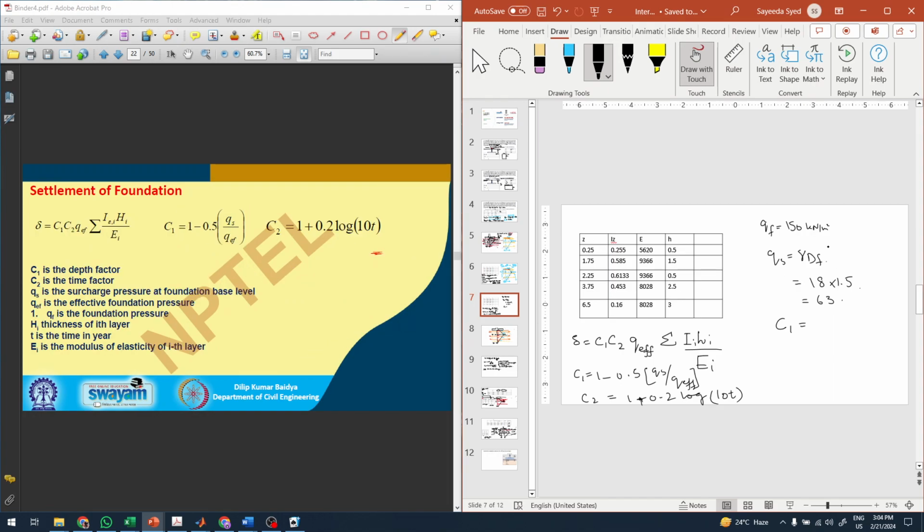Our q effective is actually qf minus gamma Df, which we calculated in the previous slide. I think it was coming out to be 123 or something.